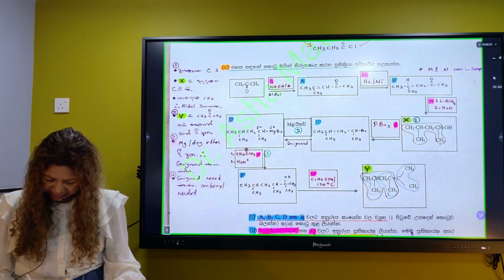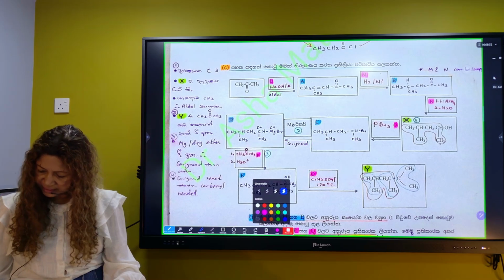This sounds a little complicated, but if you go little by little, this is easy.